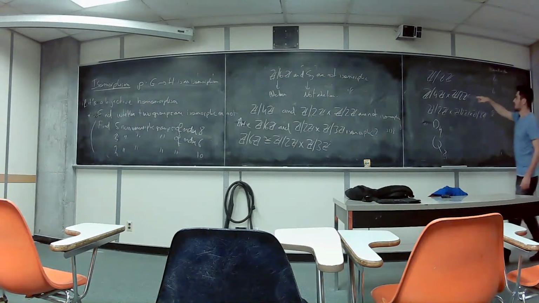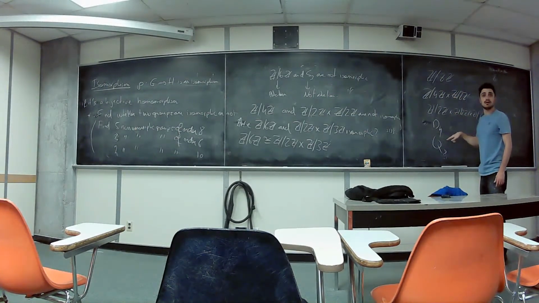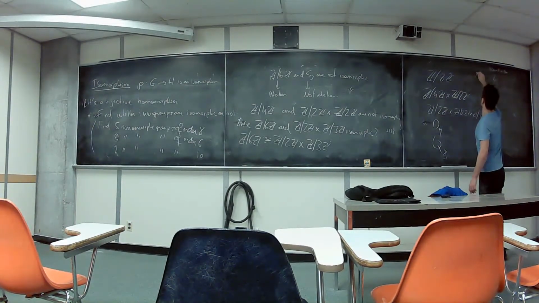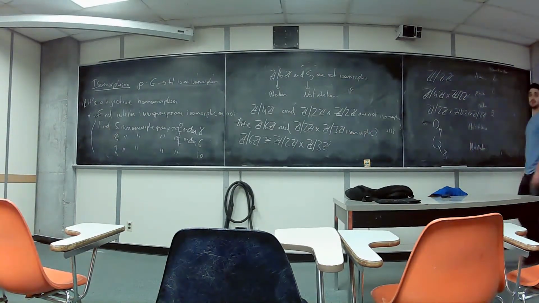Now these 3, can any of these 3 be isomorphic to any of these 2? Why? Exactly. These are abelian here, and these are not abelian. Agree or not? Yes.